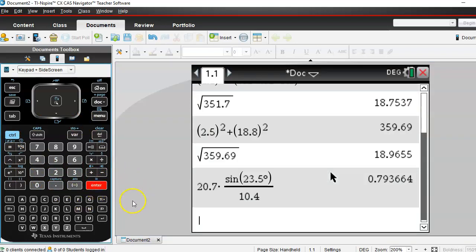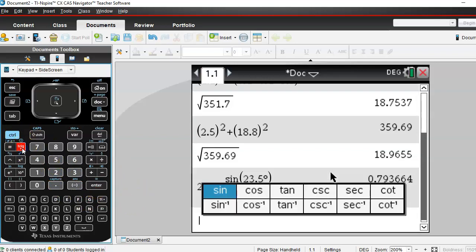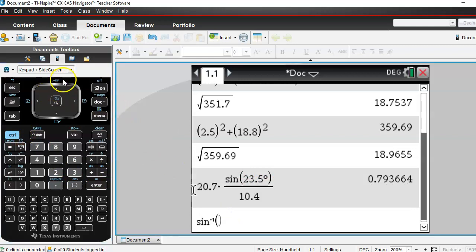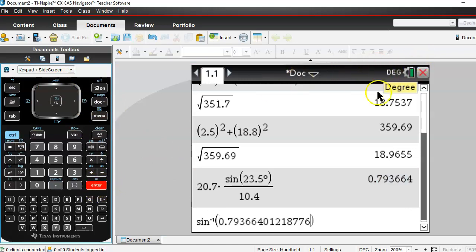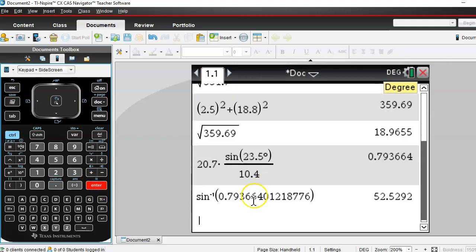All right, so that's what the sine Q equals. So I hit the trigonometry again to bring up my inverse sine, arrow up to grab that with enter. And then as it's in degrees, it should give you that decimal degrees of 52.5.